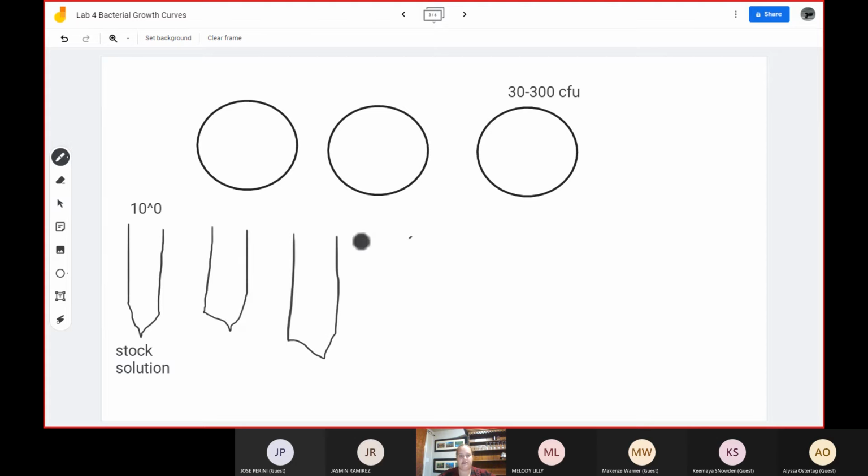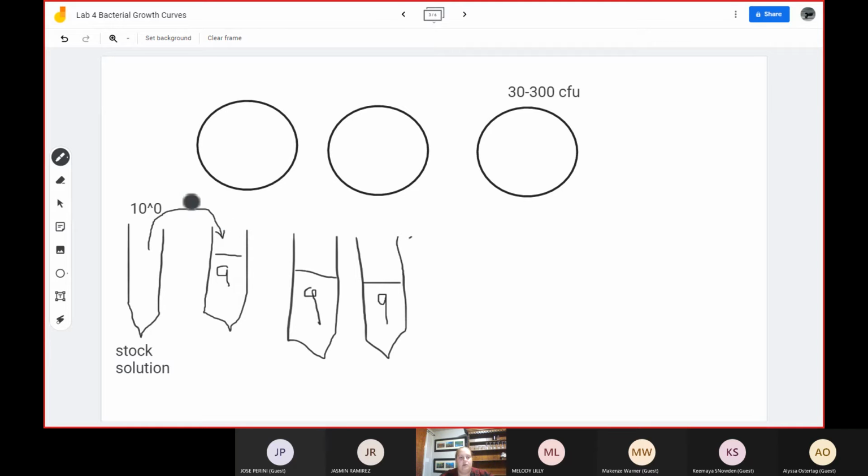So we're going to have to set up a series of tubes. We're going to fill each of those tubes with 9 milliliters of a solution. And we're going to take 1 milliliter of our stock solution and add it into our first one.